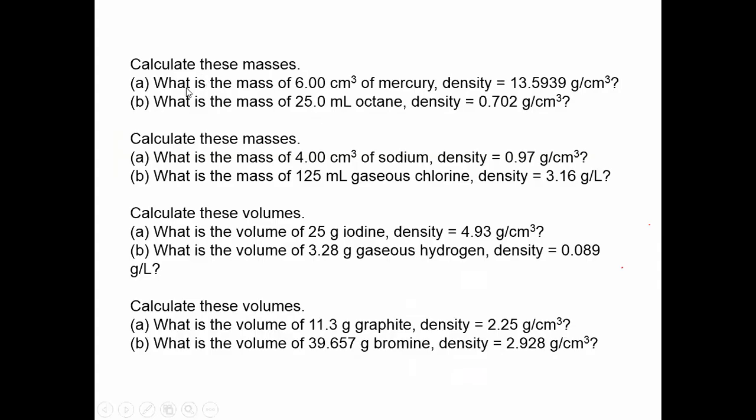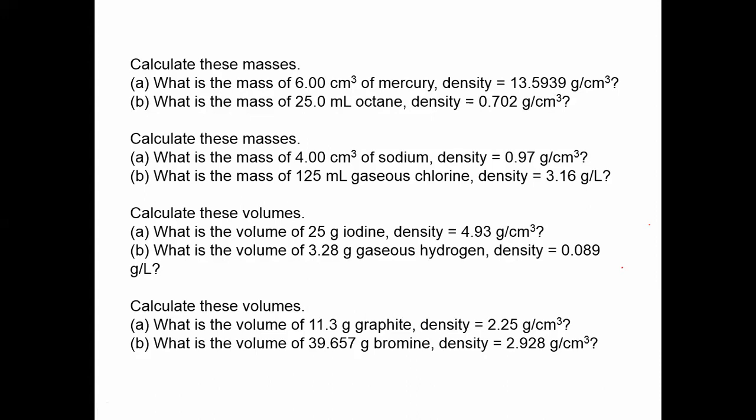Also, you can calculate all these things at home. For example, do you guys understand, right? Calculate these masses. What is the mass of 6 cubic centimeters of mercury? Density is given over here, 13.6 gram per cubic centimeter. So how do you calculate it?